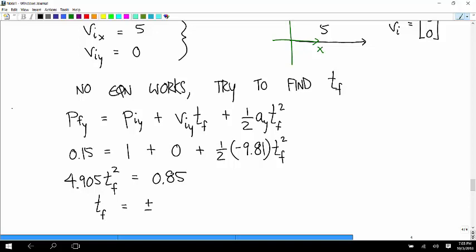So divide 0.85 by 4.905 and then take the square root. 0.416 seconds, and we want the positive one.